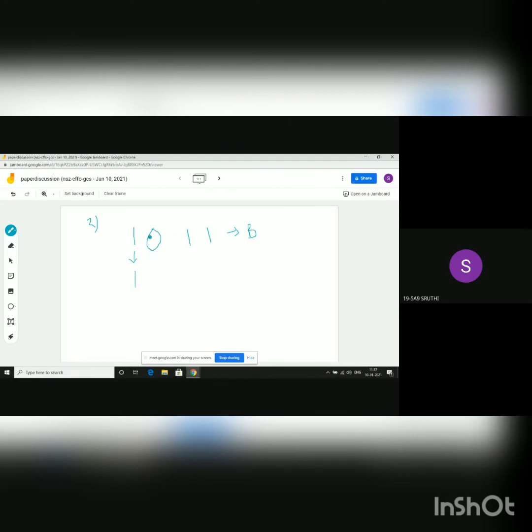Now, the second digit of the binary number is XORed with the first digit. The third digit is XORed with the second digit. Similarly, the fourth digit is XORed with the third digit.